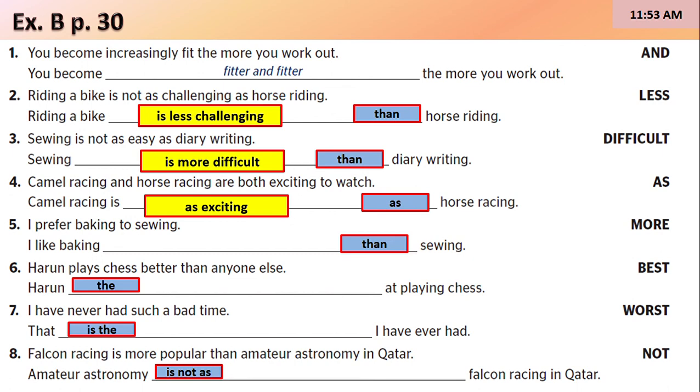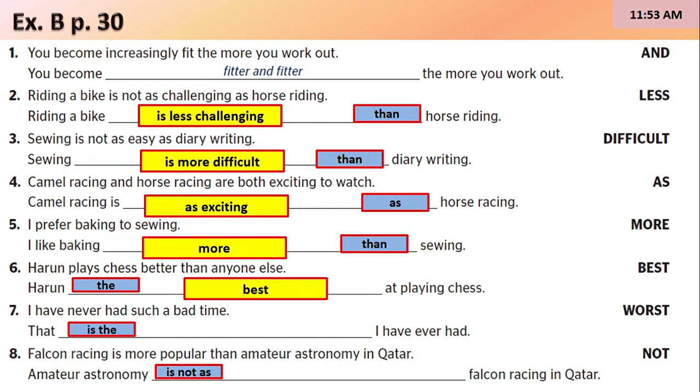Good. Camel racing is as exciting as... Number 5, I like more than swing. Then you have, Corinne is the best at playing chess.